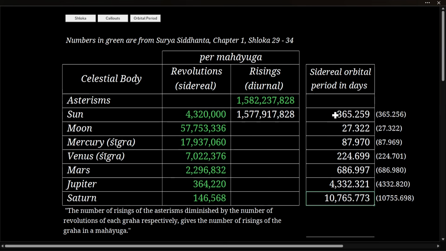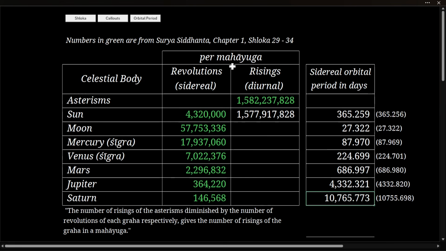Now, why is this represented with such large numbers? Why did not they use small numbers? Scholars say the simple reason is they did not want to use fractions. The ancient astronomers wanted to work with integer numbers. So ideally, they should have taken a least common multiple of all of these. But instead, they took a different approach.